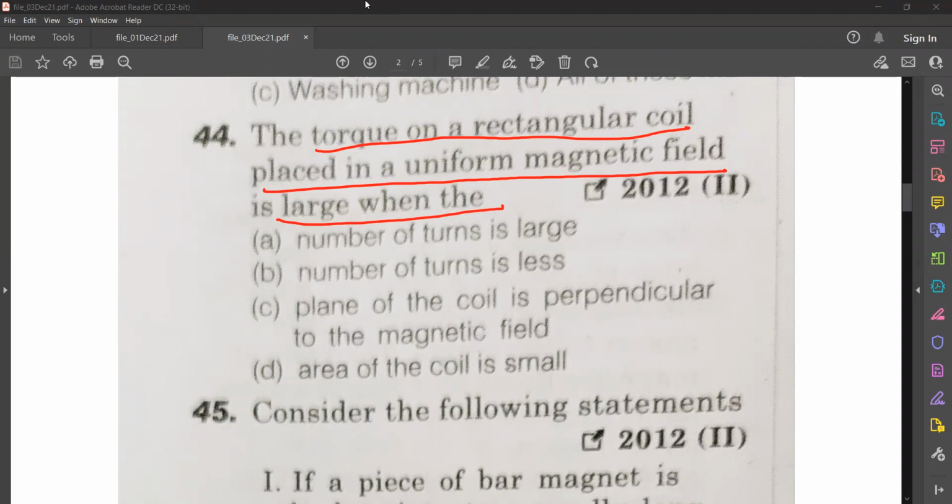Torque on a rectangular coil placed in a uniform magnetic field is large when the number of turns is large, number of turns is less, plane of the coil is perpendicular to the magnetic field, area of the coil is small. Okay, I want all of you to read the question and comment the answers. I'll give you 20 seconds, comment the answer.